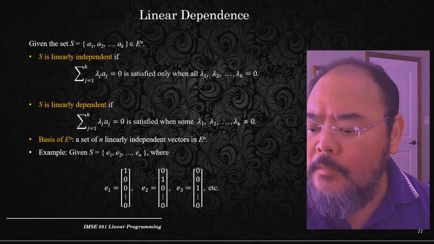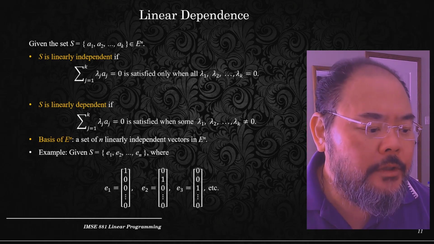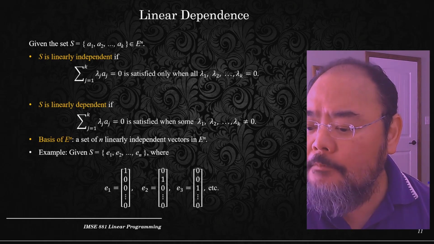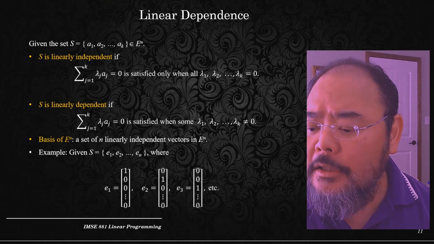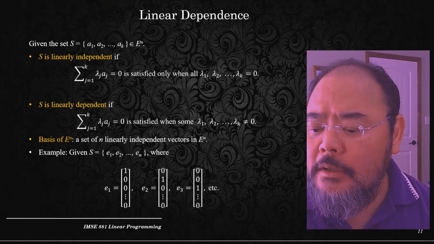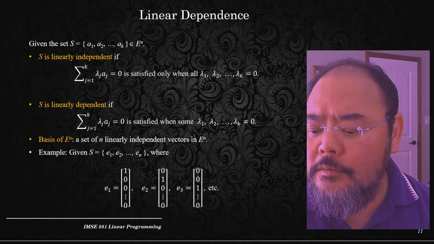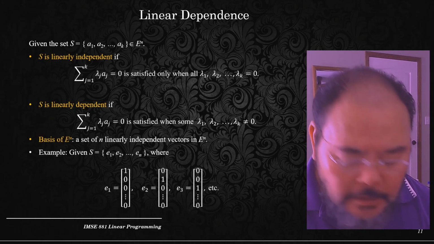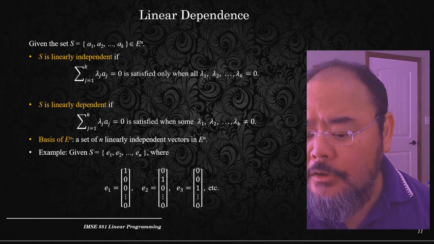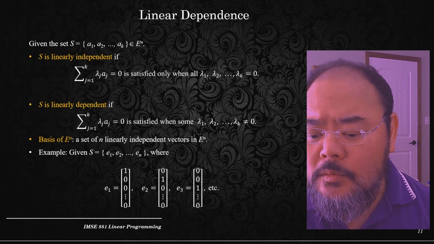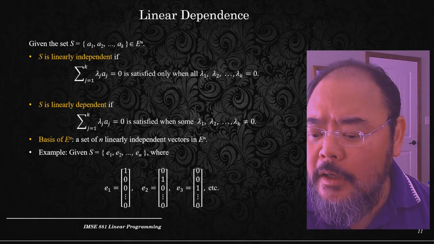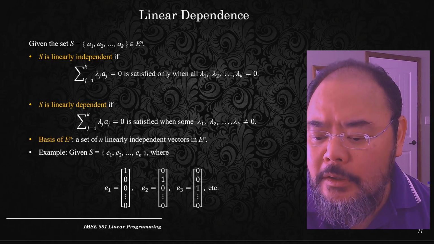The most straightforward example of independent bases is E1, E2 to En, where each E is a unit vector with one position equal to 1 and everywhere else equal to 0.